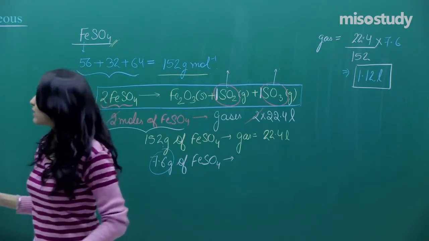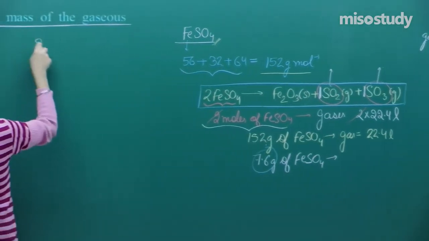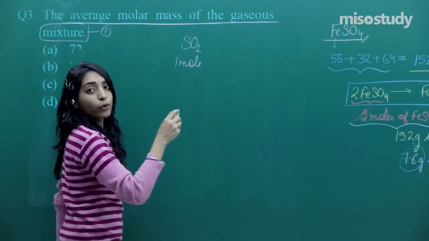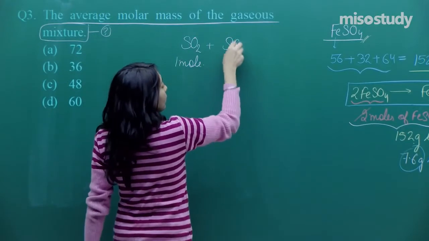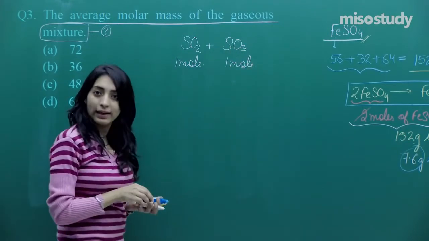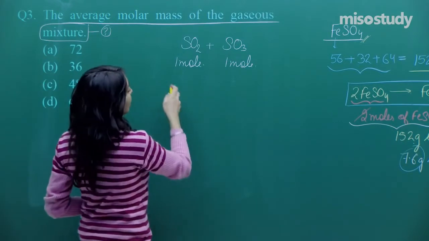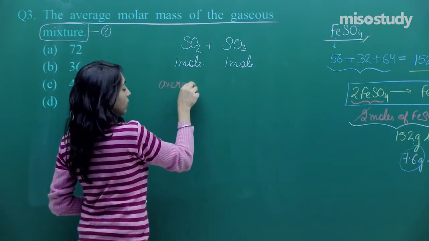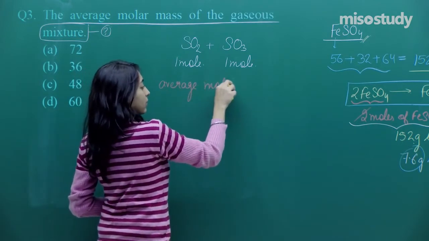That means I was actually getting sulfur dioxide as 1 mole. Also, I was getting sulfur trioxide as 1 mole. Am I right? So, what should be the average molar mass?